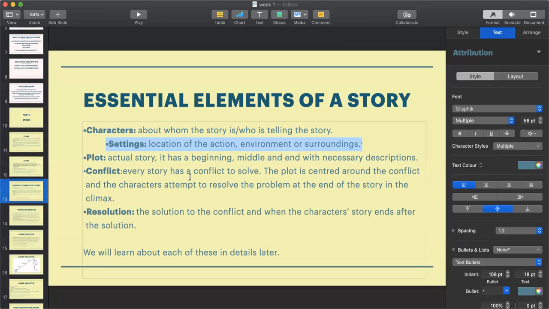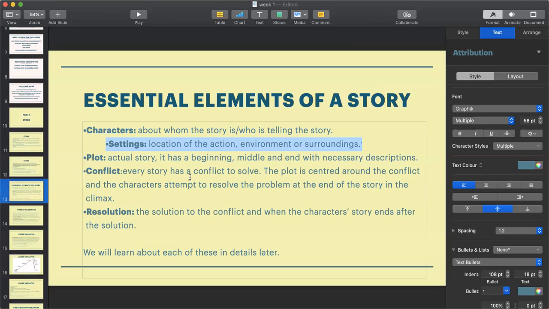But with your description of the location, it's almost like you are drawing a picture. Got it? That has to be properly done when you are writing about the settings. The location is very important, or else the viewer will face problems in understanding where all these things are happening.